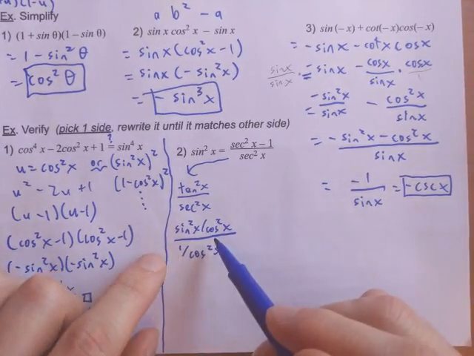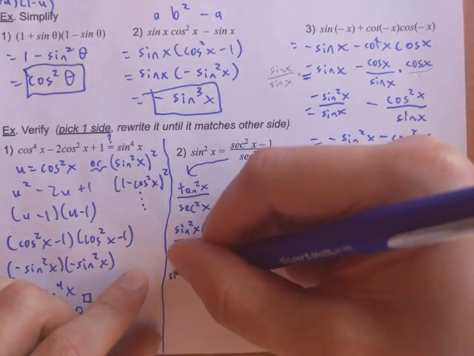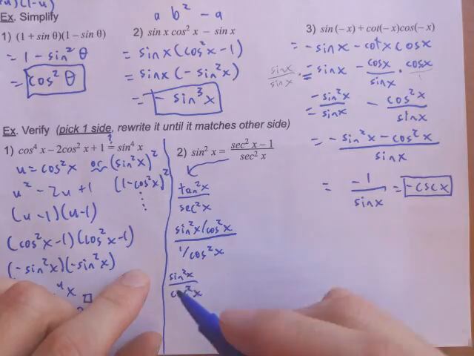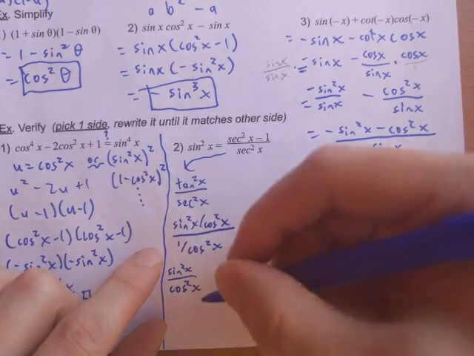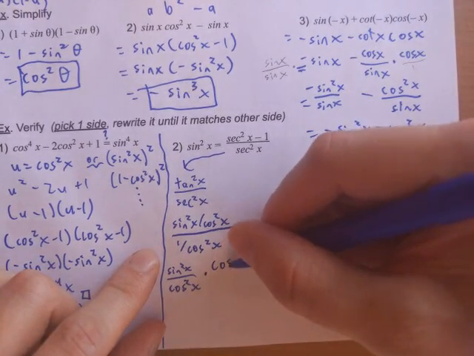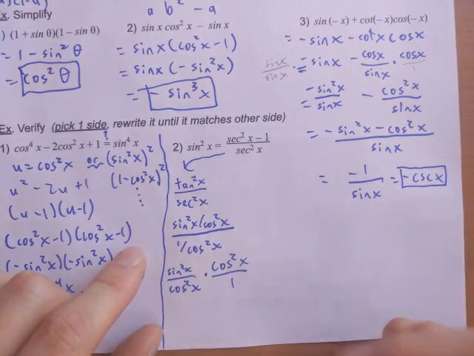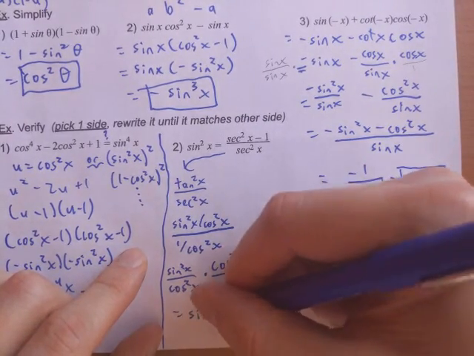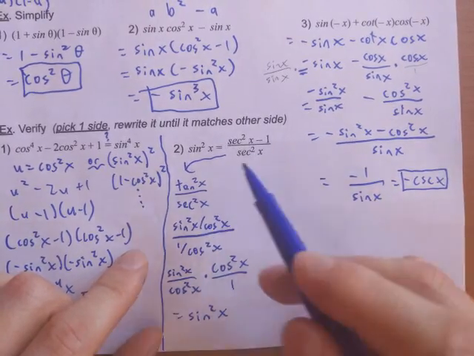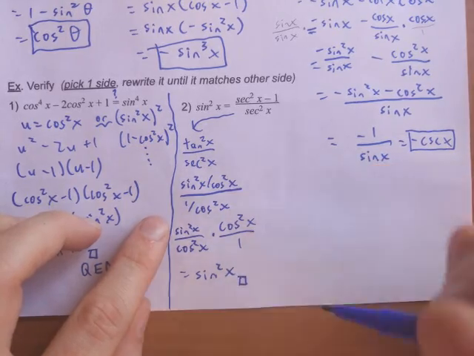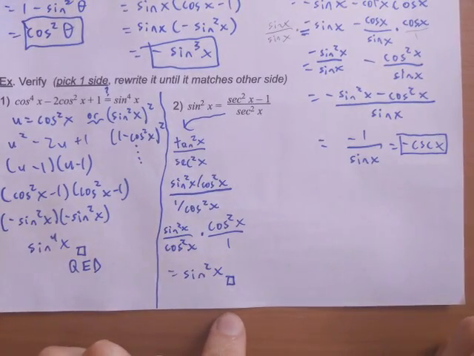And so right here, what I'll do is I'll separate this out. I'll say sine squared over cosine squared, and then dividing by a fraction is multiplying by the reciprocal. And then those cosine squareds cancel out. And so we just get sine squared, which is what we were looking for. So we're done. Once it matches the other side, you know that you're good to go.